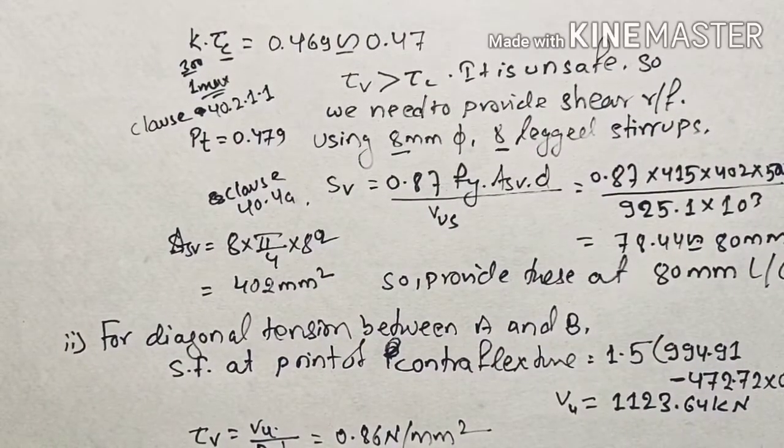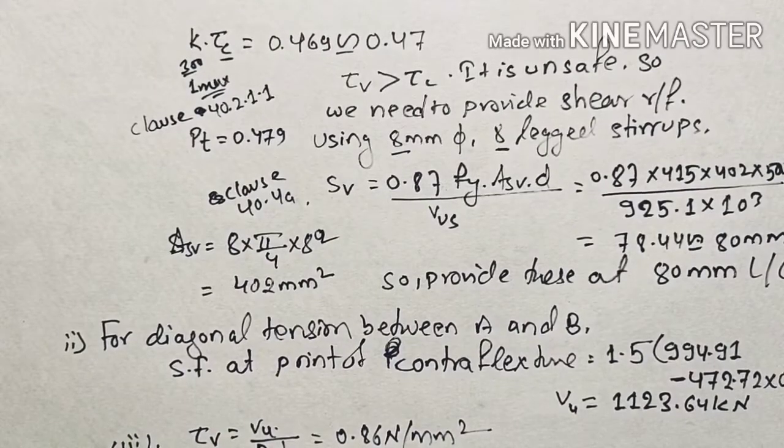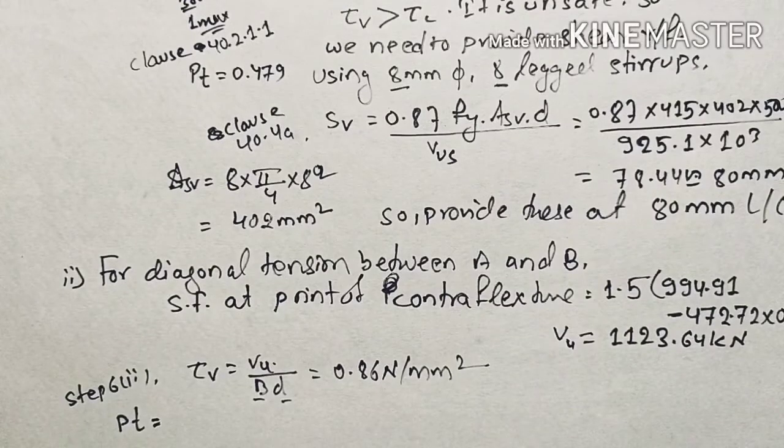Again we will be using the percentage of steel, which we have calculated in step 6.2. From there we have the value of percentage of steel as 0.156.